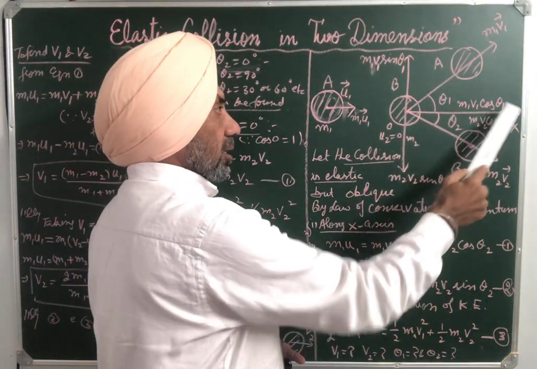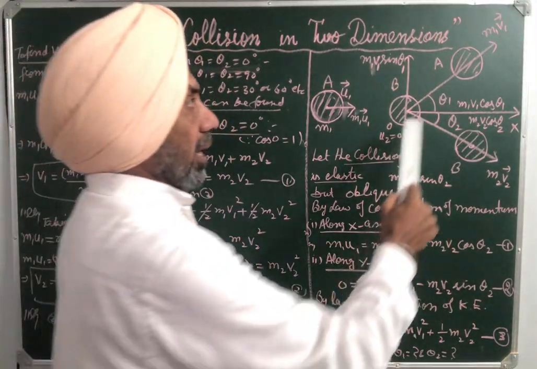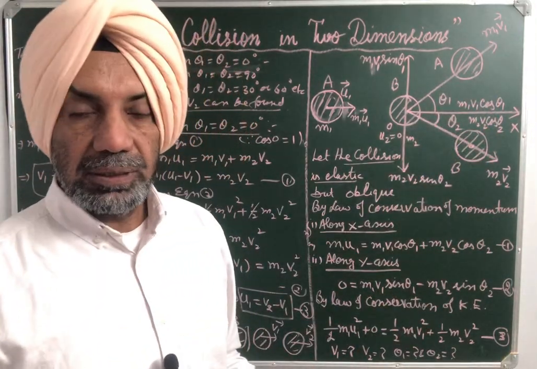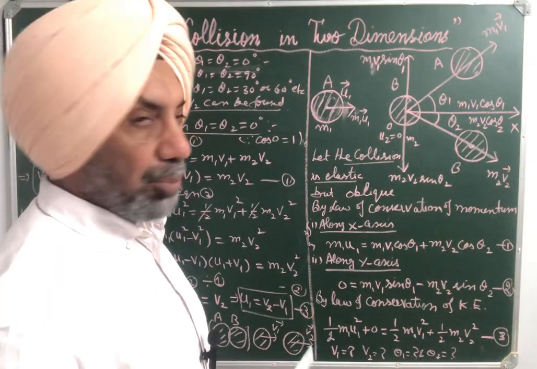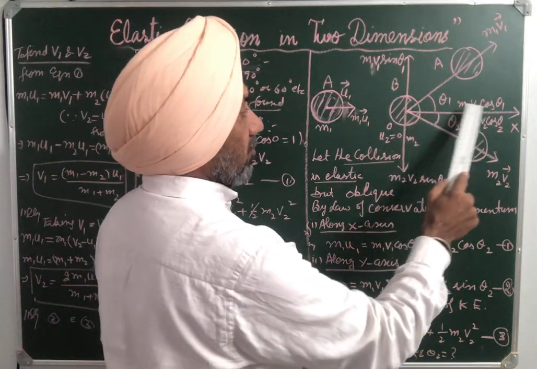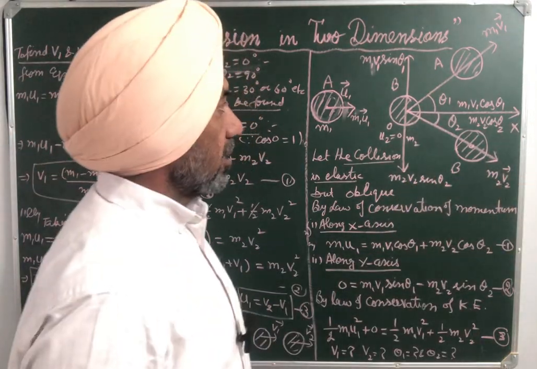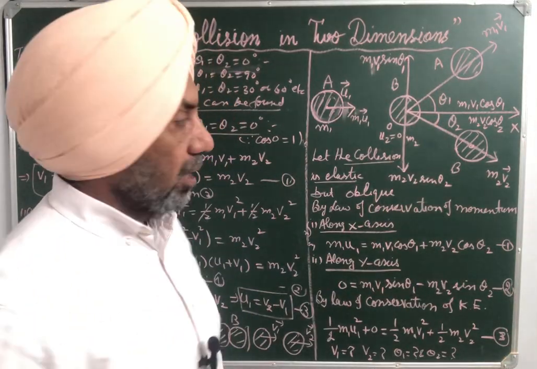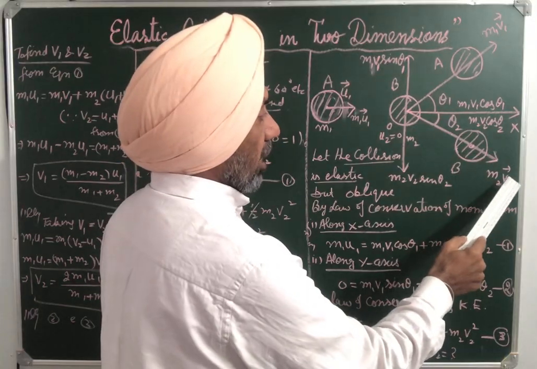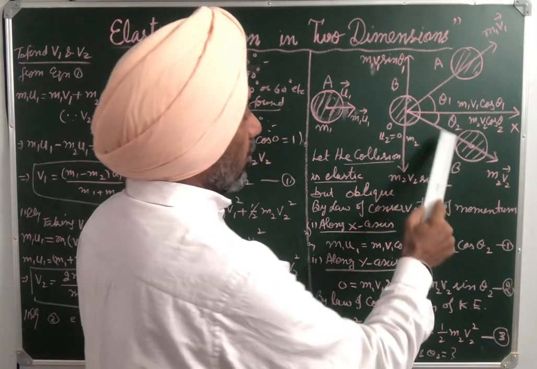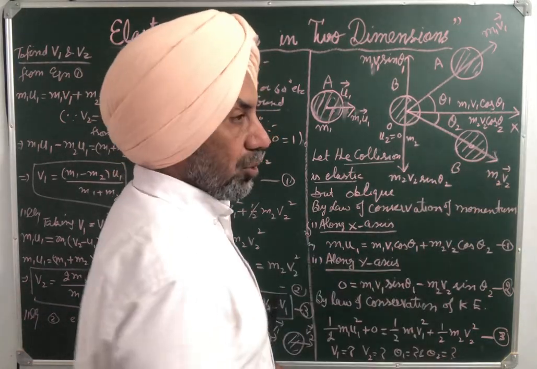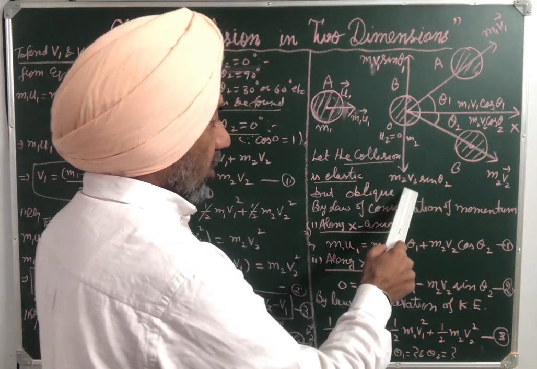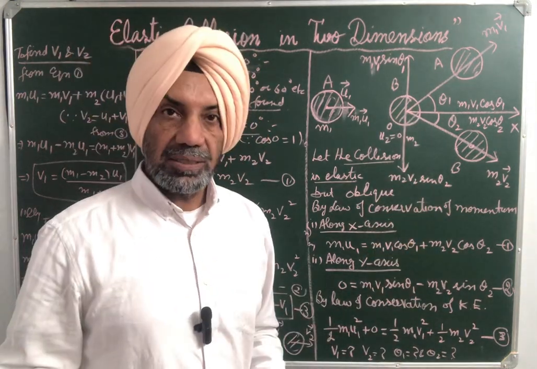Then the momentum m1 v1 can be resolved into two rectangular components, m1 v1 cos theta 1 along the x-axis and m1 v1 sin theta 1 along the y-axis. Similarly, momentum m2 v2 can be resolved into m2 v2 cos theta 2 along the x-axis and m2 v2 sin theta 2 along the y-axis.